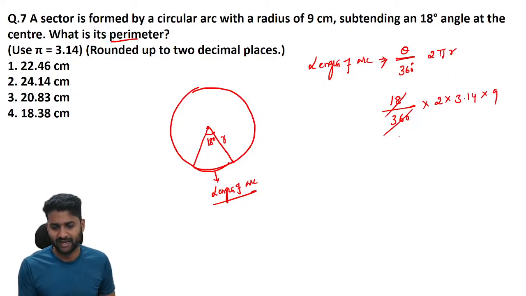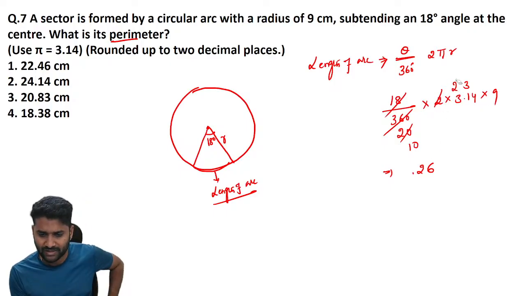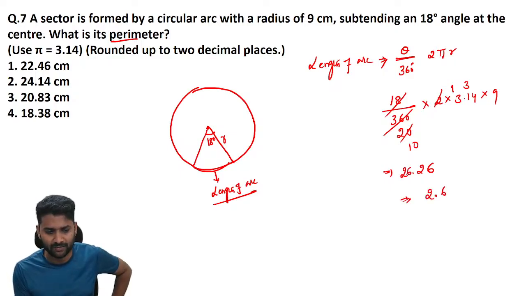So 18 once 18, 18 cancels 20 times. 2 exactly 10 times. Now finally 9 into 4, 36, 3 here. 9 into 1, 9, 9 plus 3 is 12. Again carry over 1. 9 into 3, so it's 26. 26 again divided by 10, then the value becomes 2.626.